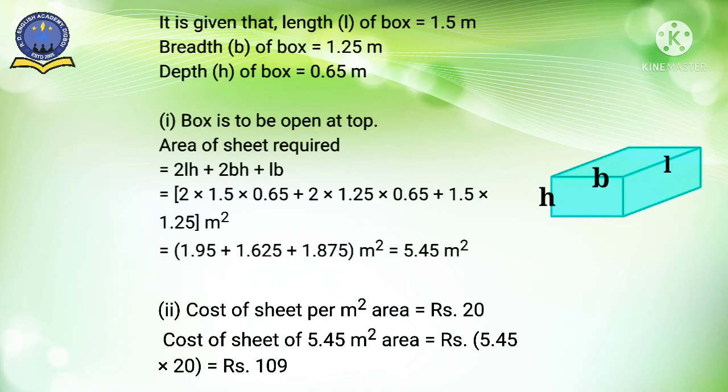So the cost of the sheet of 5.45 meter square area equals 5.45 into 20. Multiplying by 20, we get the total cost of rupees 109. This is our answer. The first is 5.45 meter square, and the second is rupees 109. Is it clear? Okay, thank you.